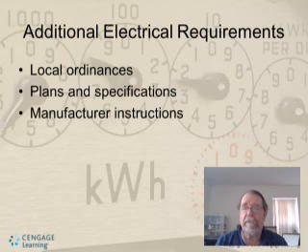You may have situations where there's an engineer or architect that makes their specs a little bit stronger than what the NEC says is required. And in the manufacturer's instructions, you should follow those instructions. They tell you how to install it, what type of circuit to put in. You should abide by those instructions.